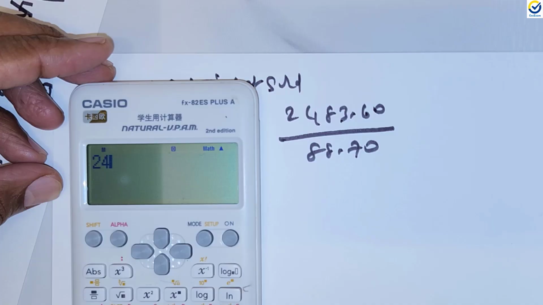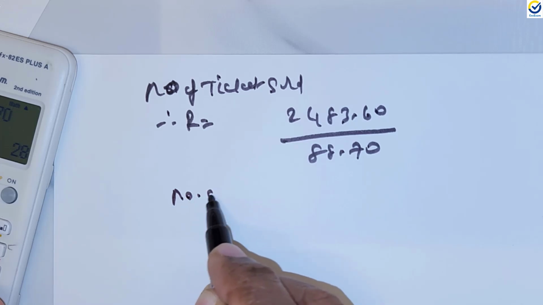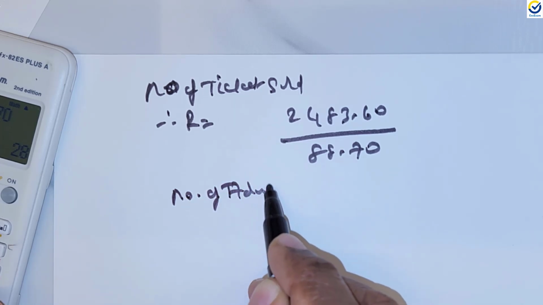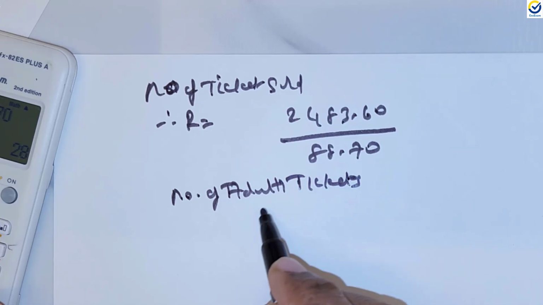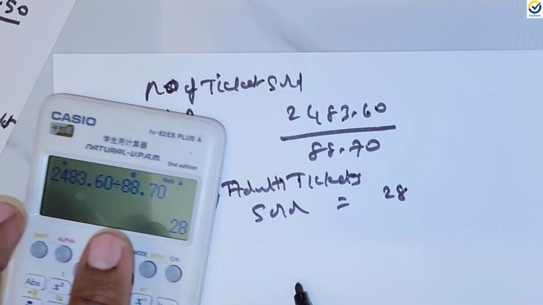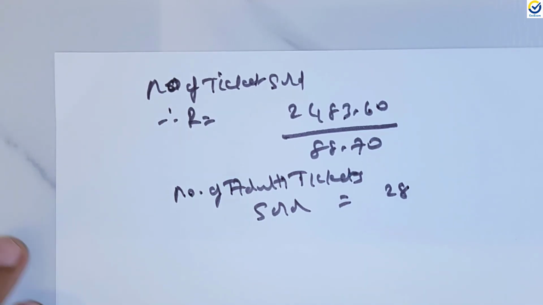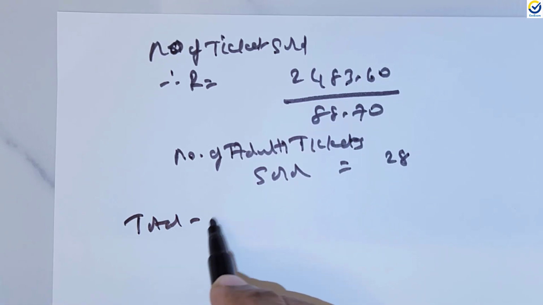So 2483.60 divided by 88.70 gives 28. So number of adult tickets sold is equal to 28. So now they are asking us to find the total amount collected.